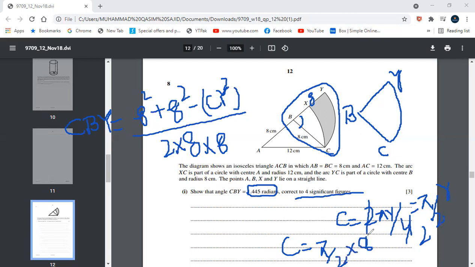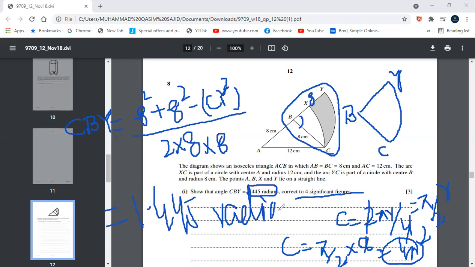So it must be 4 pi. So after CBY, this value equals 1.445 radian. Is this clear? Yes sir, simple cosine formula.